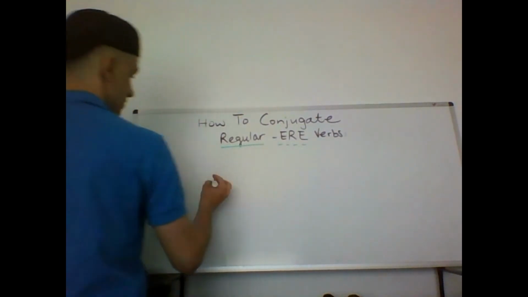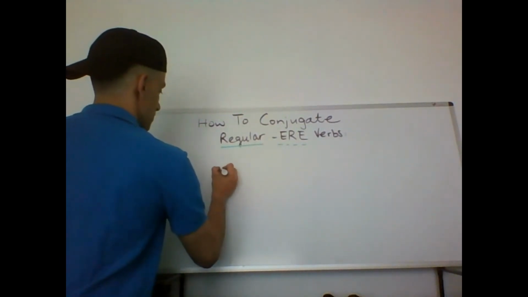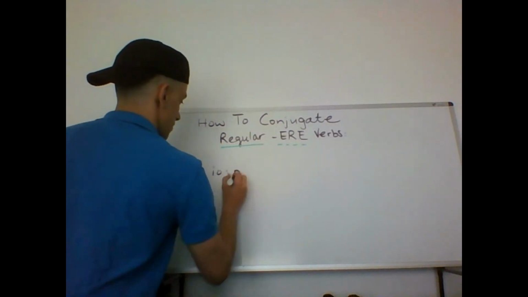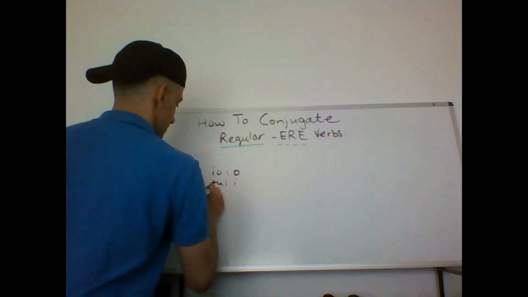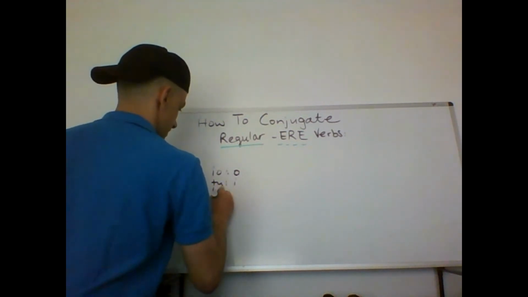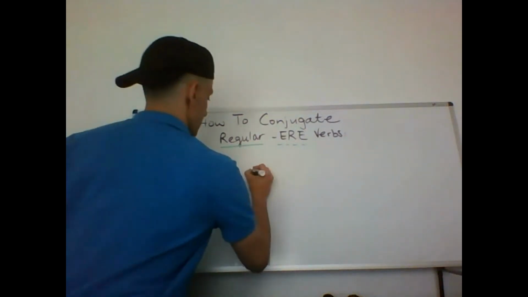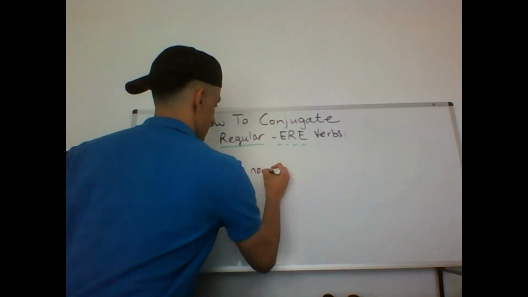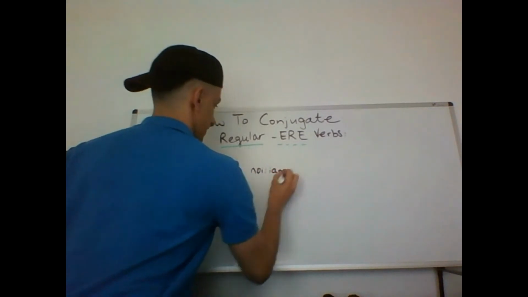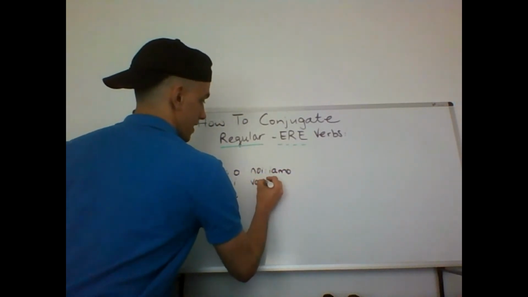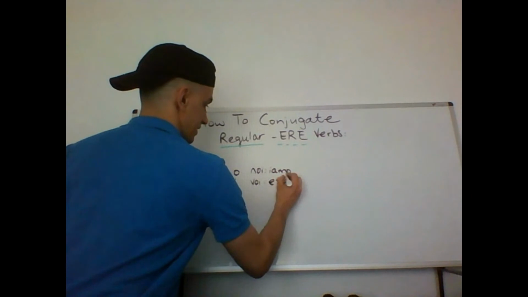So, you're going to have for io, it's going to end in an O. For tu, it's going to end in an I. For lui, lei, it will end in an E. For noi, it'll end in iamo. For voi, it'll end in ete.